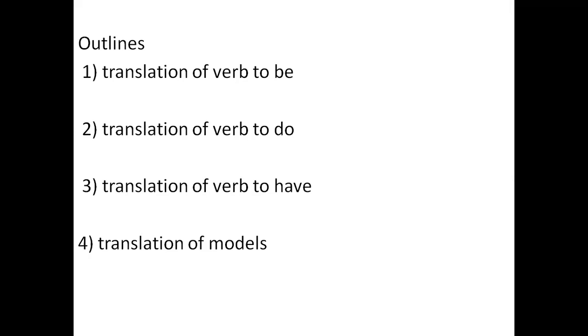The third group is verb to have. The present form is have and has. The second or the past form is had, and the third, the past participle, is also had. The last category is the modal verbs. They are called modals because they have only two tense forms.